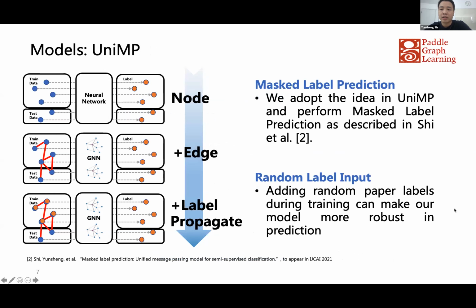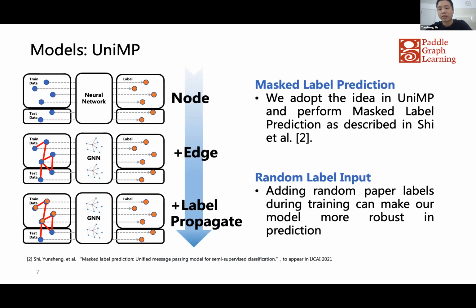Compared with the traditional neural network, for semi-supervised graph data, GNN can incorporate neighborhood information to further improve the result. However, right now, the GNN model only considers incorporating neighborhood node feature information and uses the node label to supervise training.